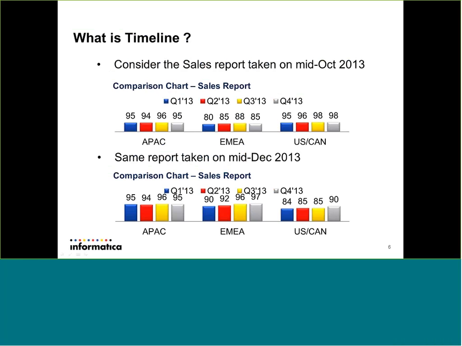It is just an example which I am showing, where the EMEA stats are between 80 to 90, whereas US is touching almost 100. So this is the report which is taken in mid of October 2013 from an organization.